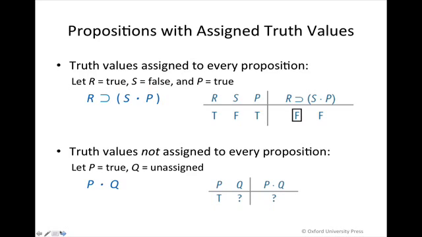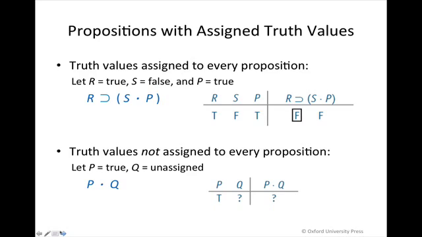Now let's practice by way of propositions with assigned truth values. I think you'll find that this is going to be really helpful to you in reinforcing your understanding of the truth definitions for each of the operators. So let's assume you're given a sentence in the first case with 3 atomic sentences.